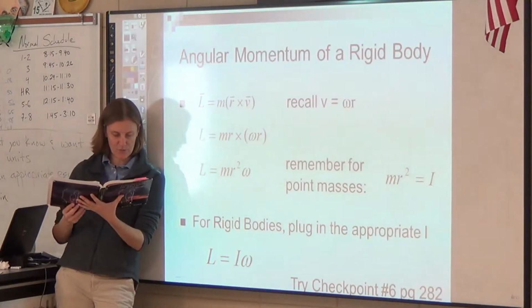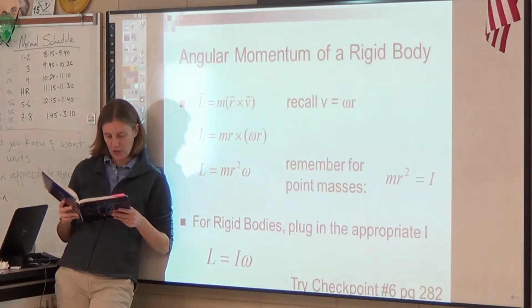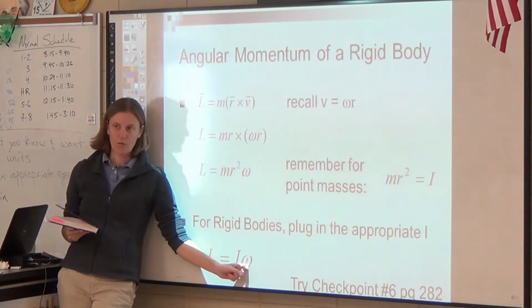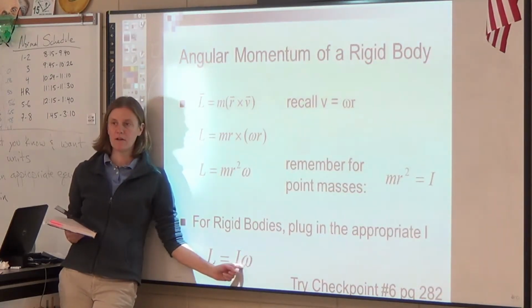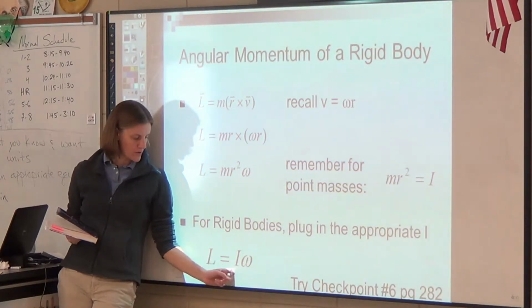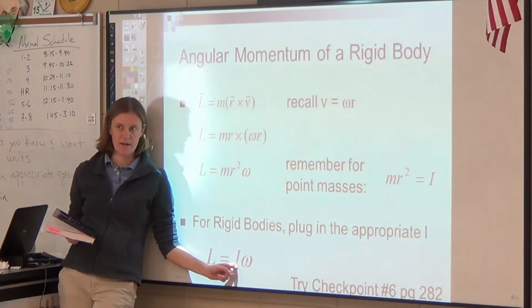Okay, and then it says rank them according to their angular speed, greatest first, which is where we want this formula. We said they all have the same angular momentum. So the biggest angular speed is going to have the what I?